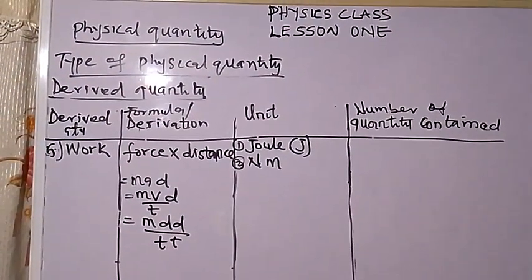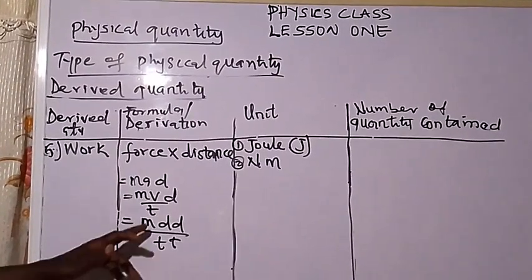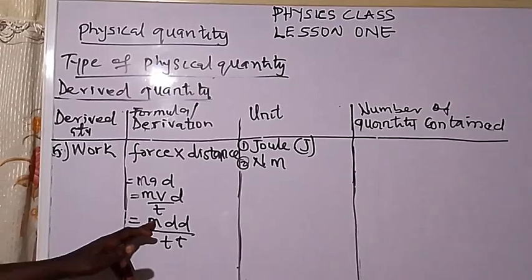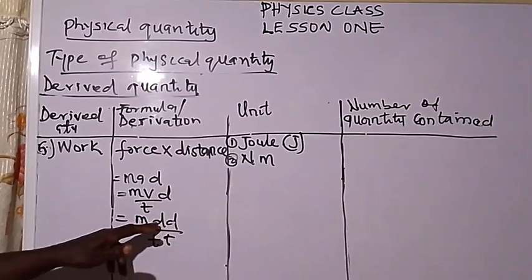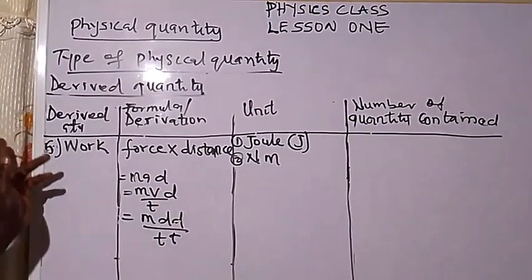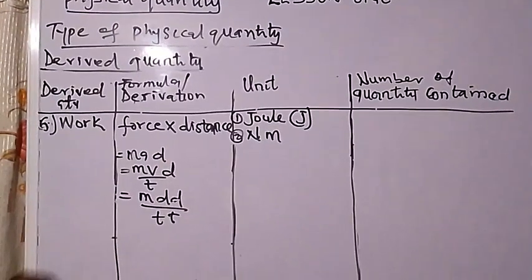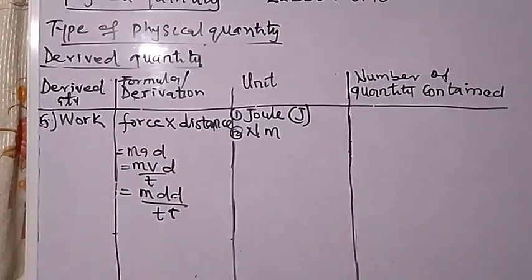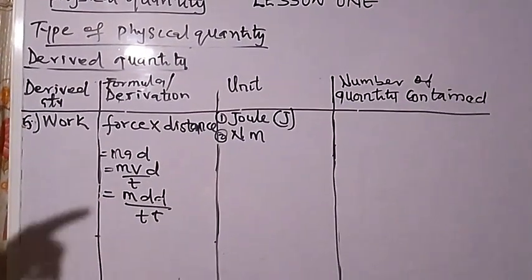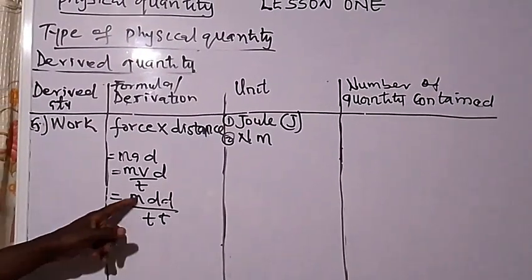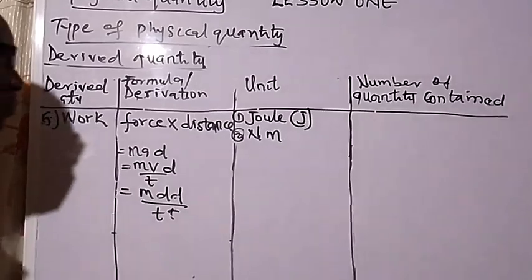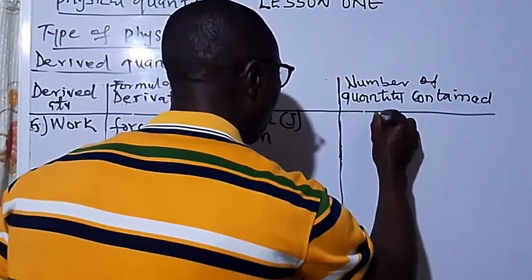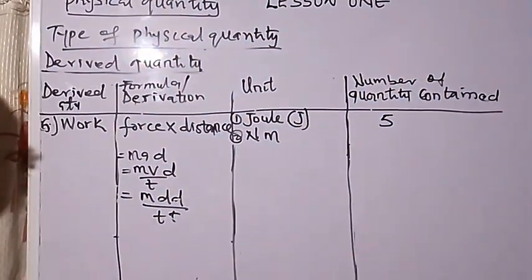Now, from this point, you can see that mass is fundamental, d, either distance or displacement, fundamental. Time, fundamental. So from here, we can count the number of quantities that work can take. That is 1, 2, 3, 4, 5. So we have 5 quantities now.